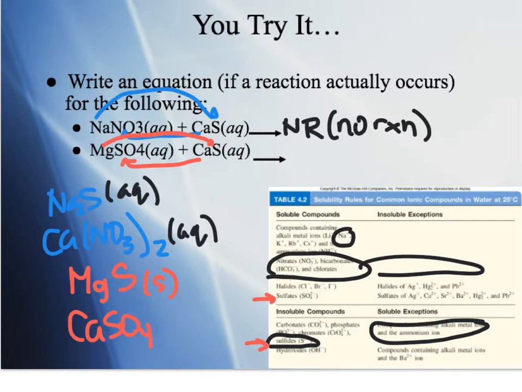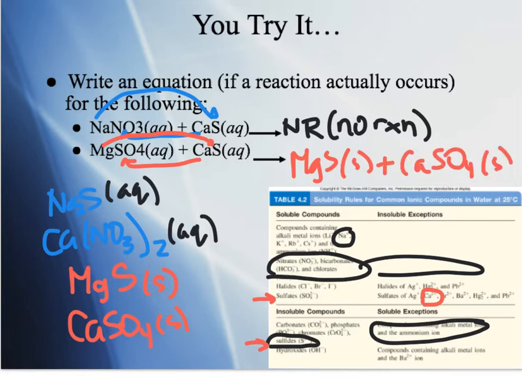They do have some exceptions, and calcium is one of them as well. So this guy is also going to be solid. Okay, so we're going to end up with MgS and CaSO4. All right, there you go. Let's keep on moving.